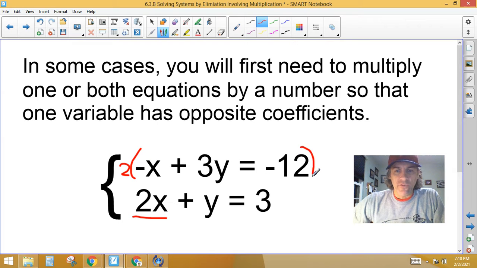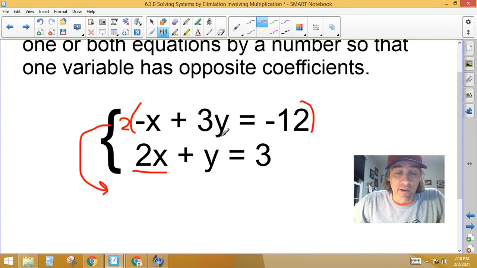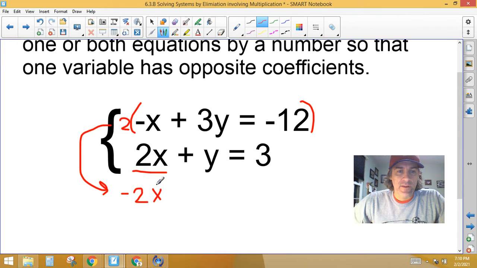But the way it works, with solving equations, whatever you do to one side, you got to do to the whole side. So I can't just multiply one term by 2. I have to multiply everything by 2. So underneath this, what I'm going to do is rewrite this equation as if I were to double the entire equation. I would get negative 2x. Distribute here.